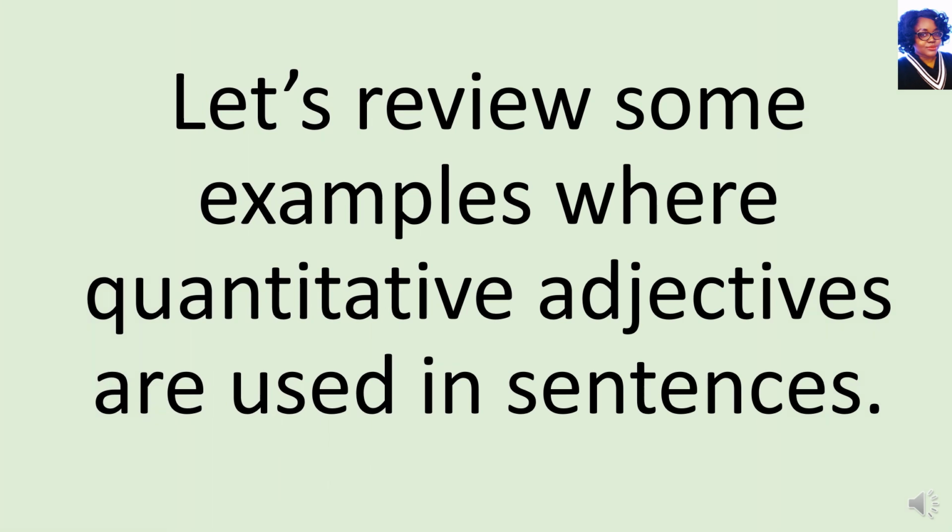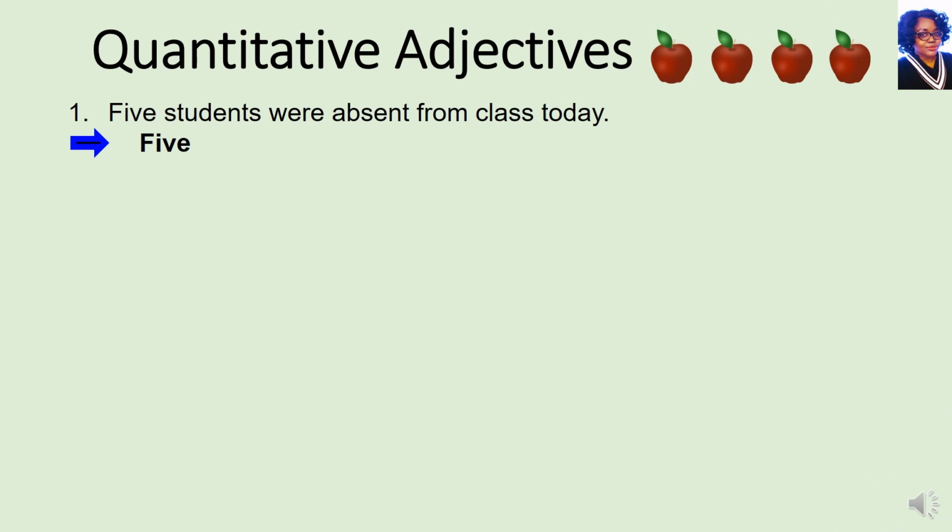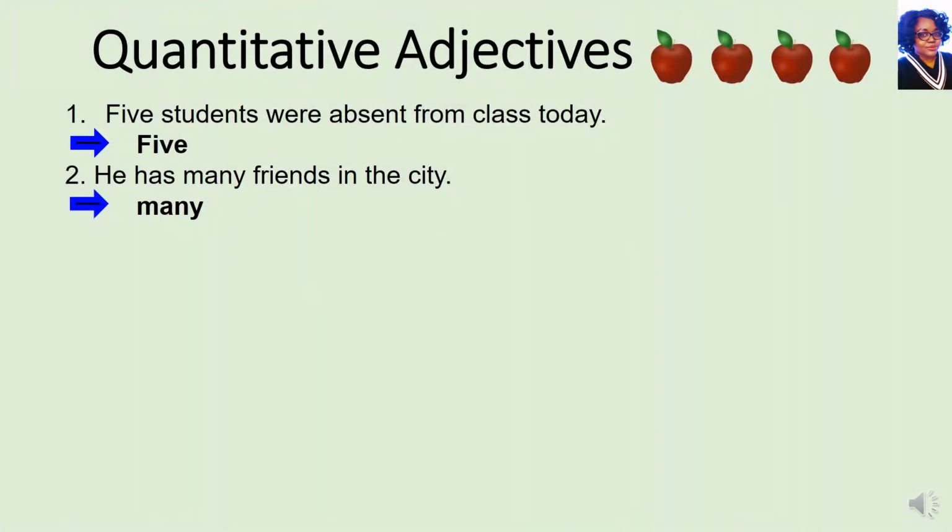Let's review some examples where quantitative adjectives are used in sentences. Quantitative adjectives. Number 1, 5 students were absent from class today. 5 is the quantitative adjective. Number 2, he has many friends in the city.